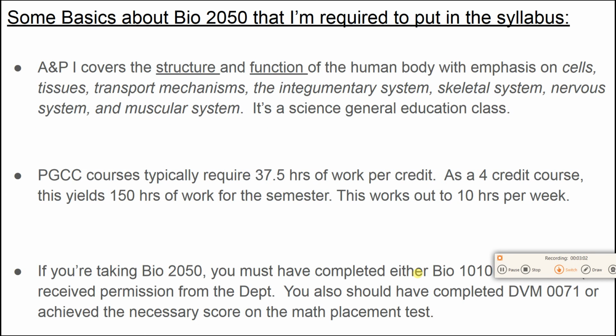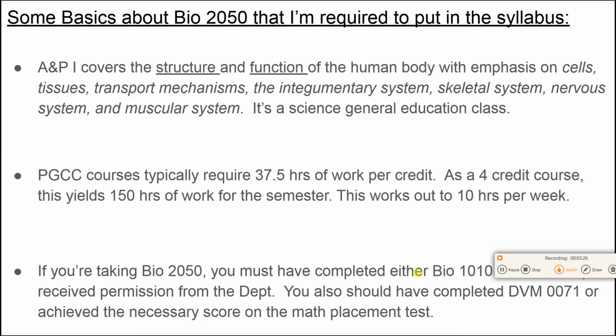I've got to put a few basic things in the syllabus. In A&P 1, you probably knew this already, we are talking about the structure and the function of the human body. Anatomy is all about the structure. Physiology is all about the function. So we're talking about the human body, what it looks like, and how it works.